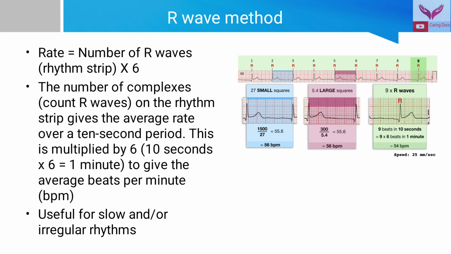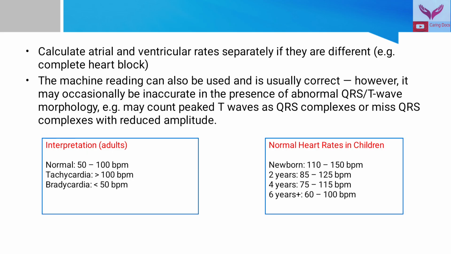We will count the R waves in those 50 large squares and multiply them by 6, then we will get the heart rate. It is useful for slow and irregular rhythms.